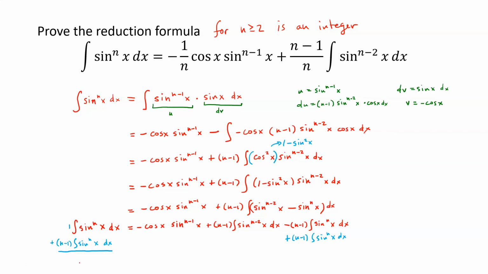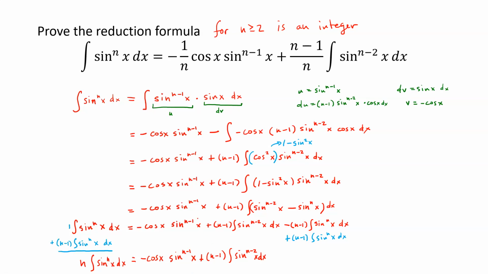So combining those gives me n times the integral. And then what remains over here would be negative cosine x sine to the n minus 1 x plus n minus 1 times the integral of sine to the n minus 2 x dx.